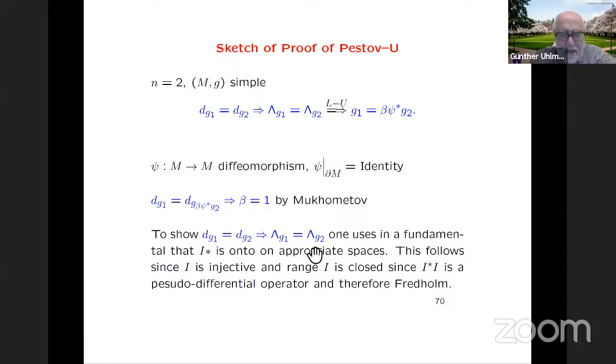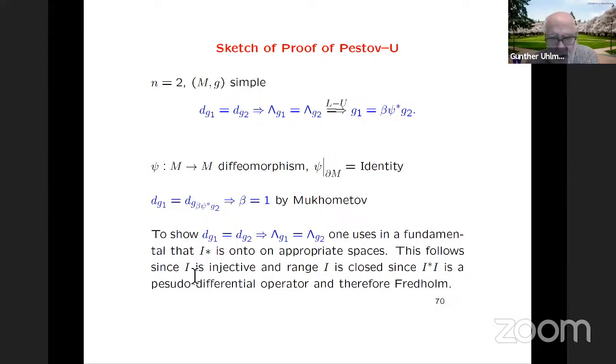But to show this, that you can recover the Dirichlet map from the distance function, one uses that the back projection is onto, is surjective. And this follows by showing that the geodesic transform is injective. And we knew that for the geodesic transform, for simple manifolds. This geodesic transform is invertible for simple manifolds.